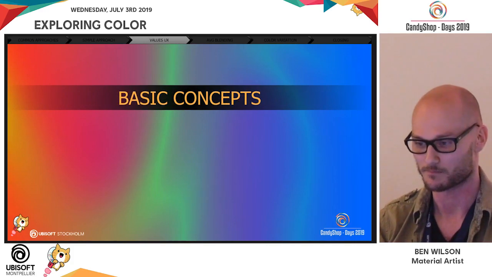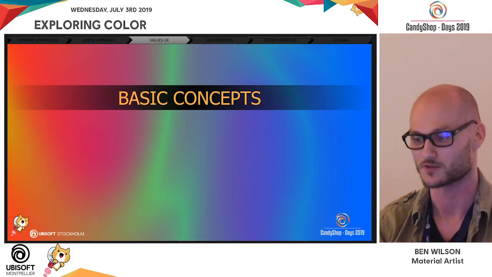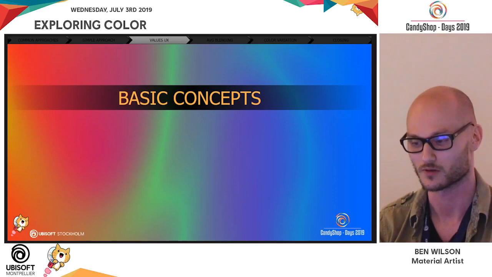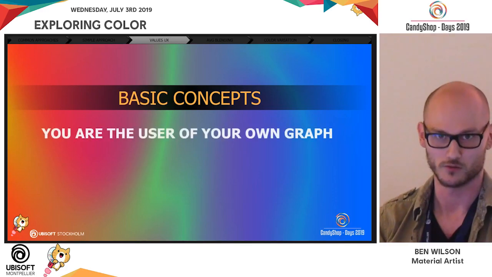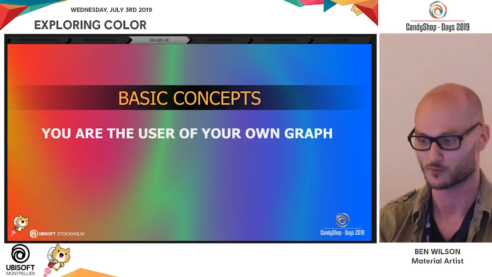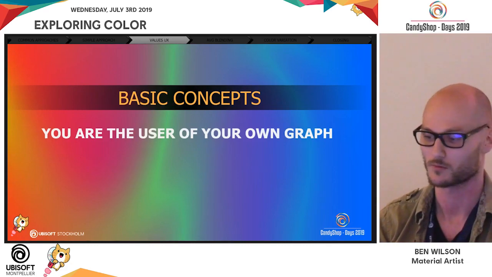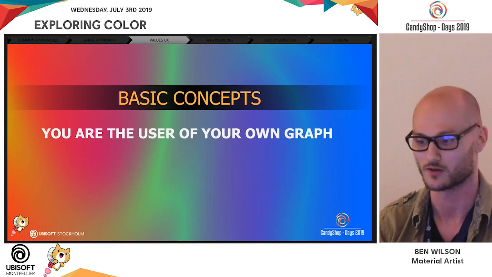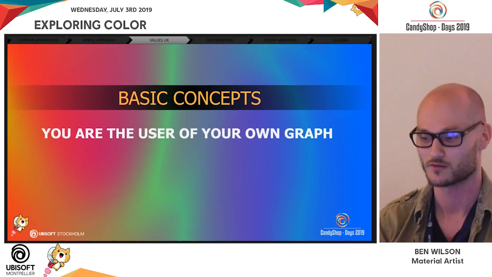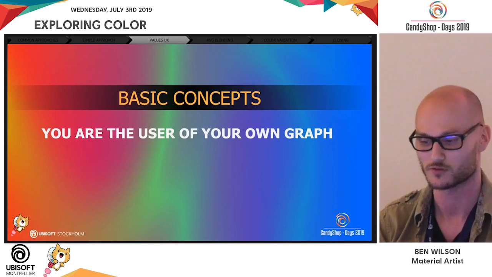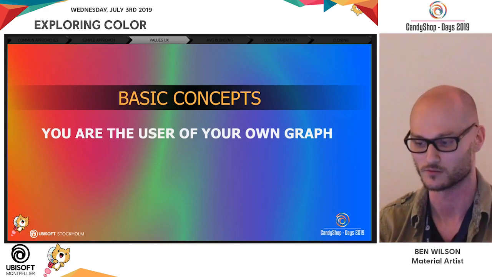So there are some basic concepts that we should have in mind moving forward. Firstly, you are the user of your own graph. You have to work in it, and you're the one who has to implement all the feedback that you get. If your graph is messy or if it's difficult to use, you're going to be really slow and not actually want to make the changes. So for this reason, you should consider yourself as the end user.